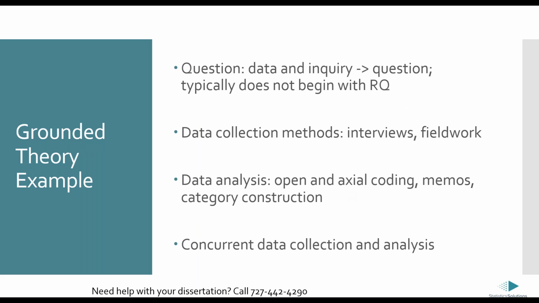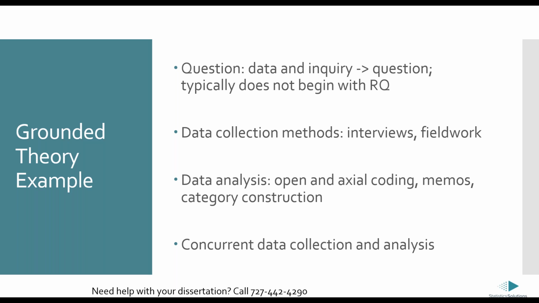So a sample question might be, we don't necessarily know, because with grounded theory studies, we don't enter into those with a research question. It starts off by collecting data on a phenomenon of interest, on a topic of interest.